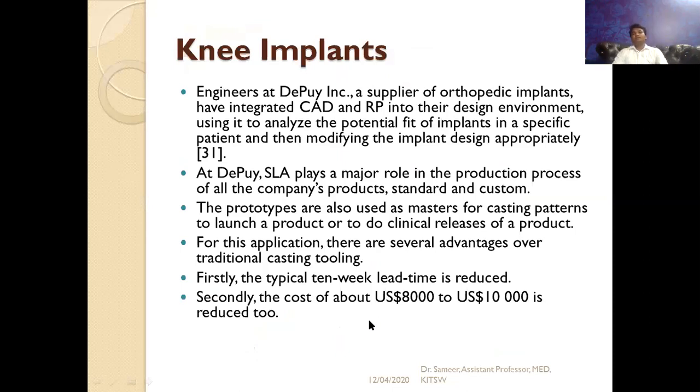Coming to another application of rapid prototyping is the knee implants. Engineers at DFU Incorporation, a supplier of orthopedic implants, have integrated CAD and RP into their design environment, using it to analyze the potential fit of implants in a specific patient, then modifying the implant design appropriately.